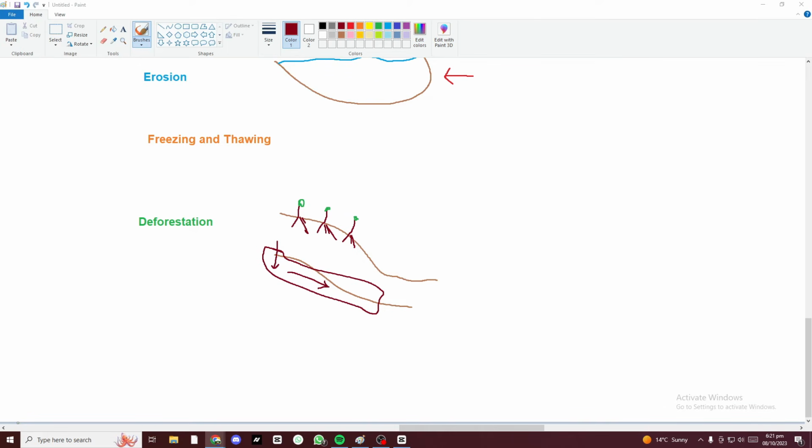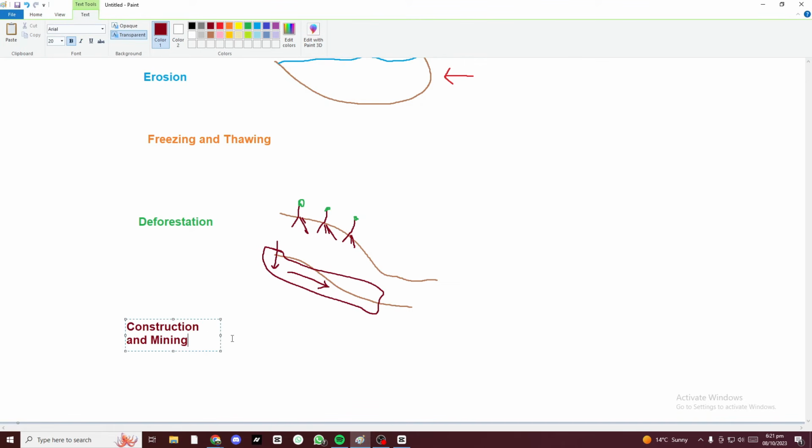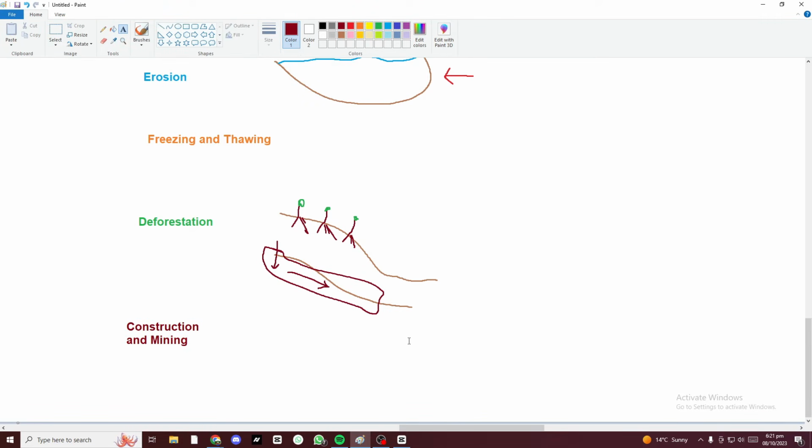Okay. Next up, we have construction and mining. Excavation for construction or mining can alter the natural slope of the land. This can disturb the balance of forces that holds the soil and rock in place, increasing the risk of mass movement. So let's say we had a mountain or a slope that went like this.